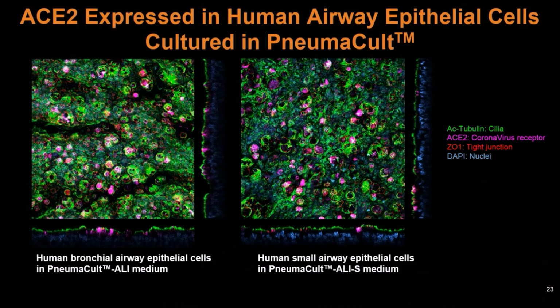As you can see here from these very nice stainings, we can observe polarized epithelial monolayers that express high levels of this protein on the apical side, both for bronchial airway epithelial cells and human small airway epithelial cells, suggesting that this system could be a potential platform for studying SARS-CoV-2.